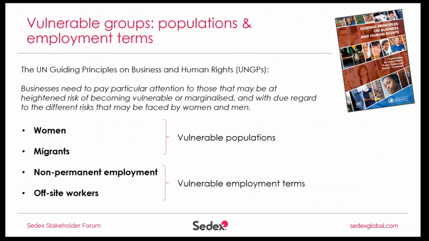There are, of course, many different categories of people that could be affected, but in the context of the information available to you on Sedex and in the context of supply chains, the categories we'll be focusing on, as you can see on the screen here, are women and migrant workers who, whilst not inherently vulnerable, do find themselves disproportionately exposed to the most vulnerable situations in a workforce, and also temporary workers who may not be entitled to the same wages and benefits as employees, and there also tends to be a higher concentration of those vulnerable worker types within these roles.